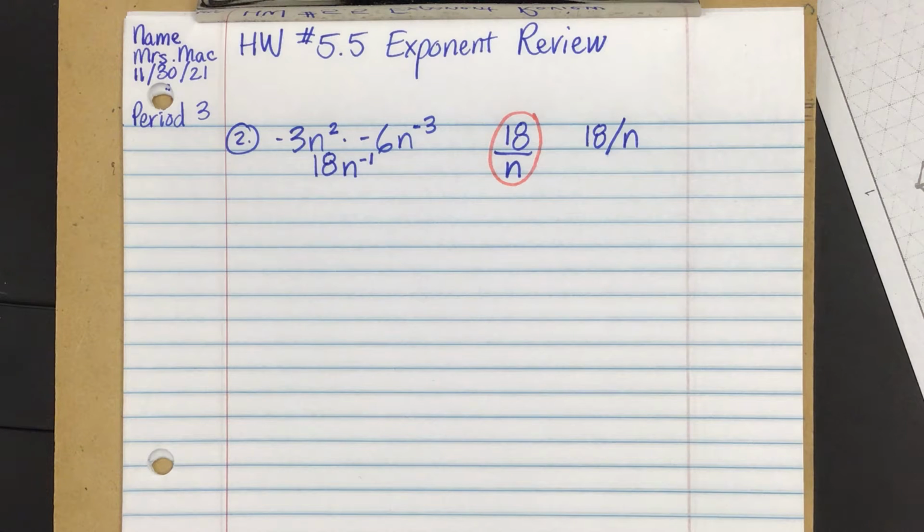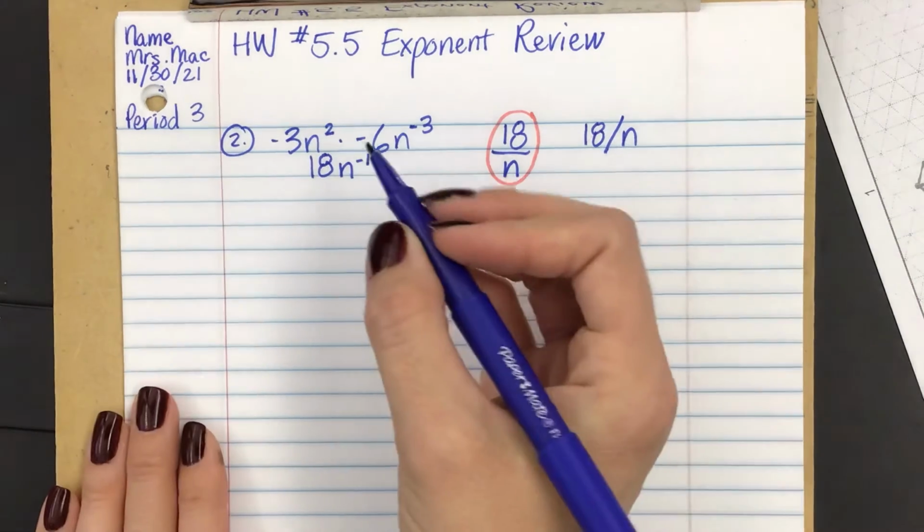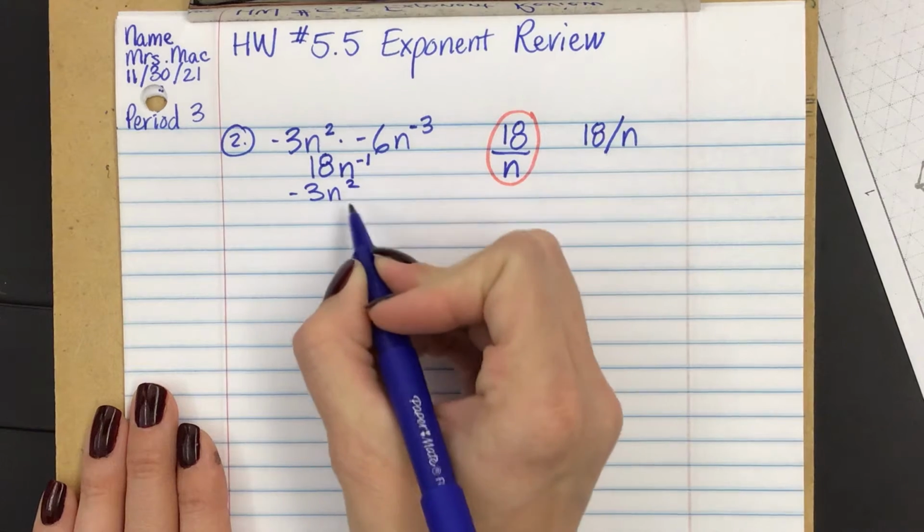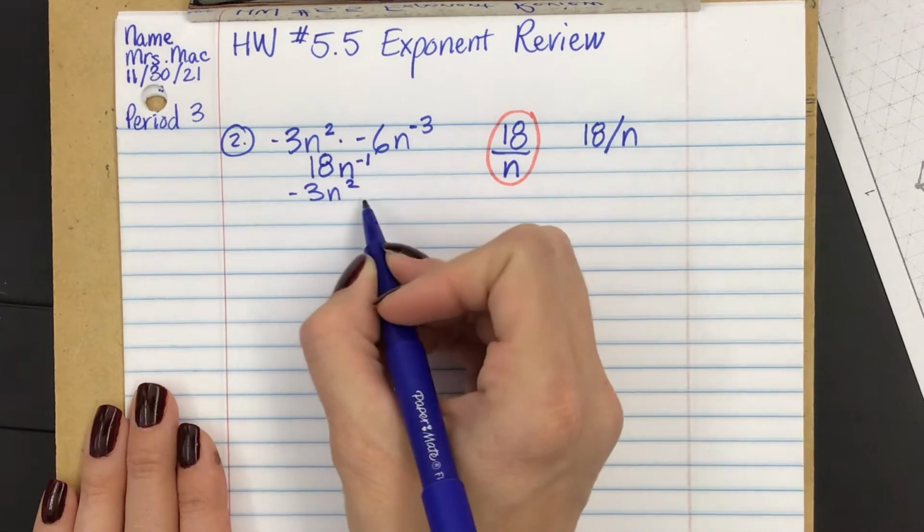Yeah, Irvin. Okay, wait, I'm confused. Can I just move the n to the power of -3 into the denominator? That's what I did. So I did -3 n to the power 2 times -6.